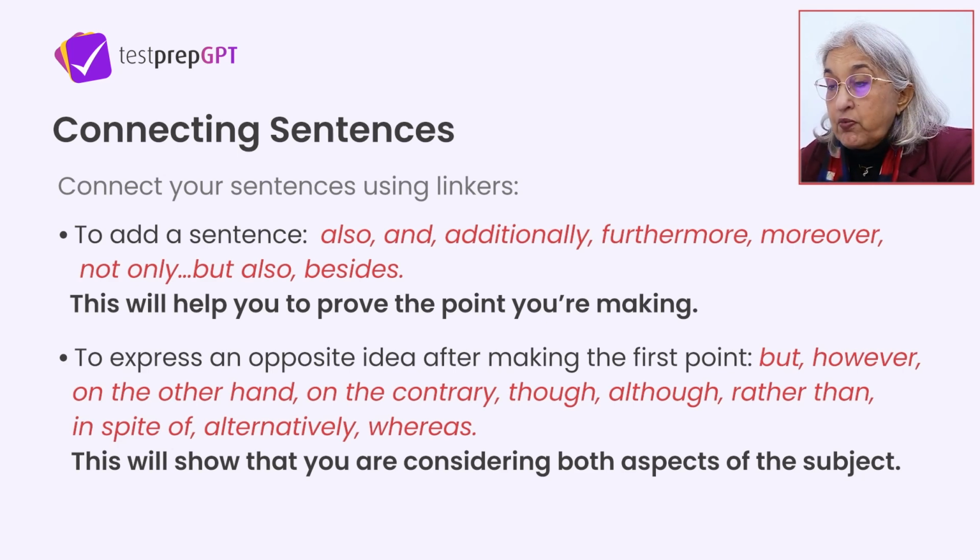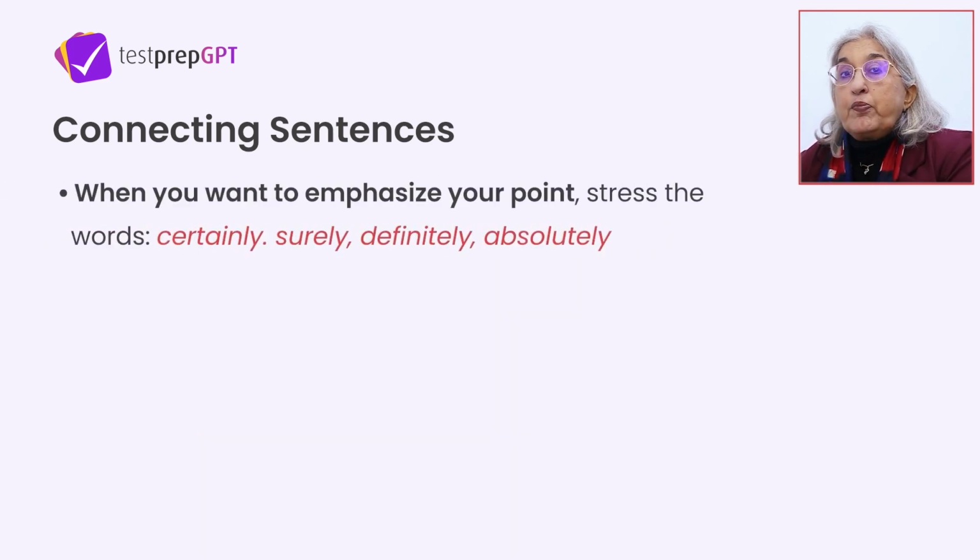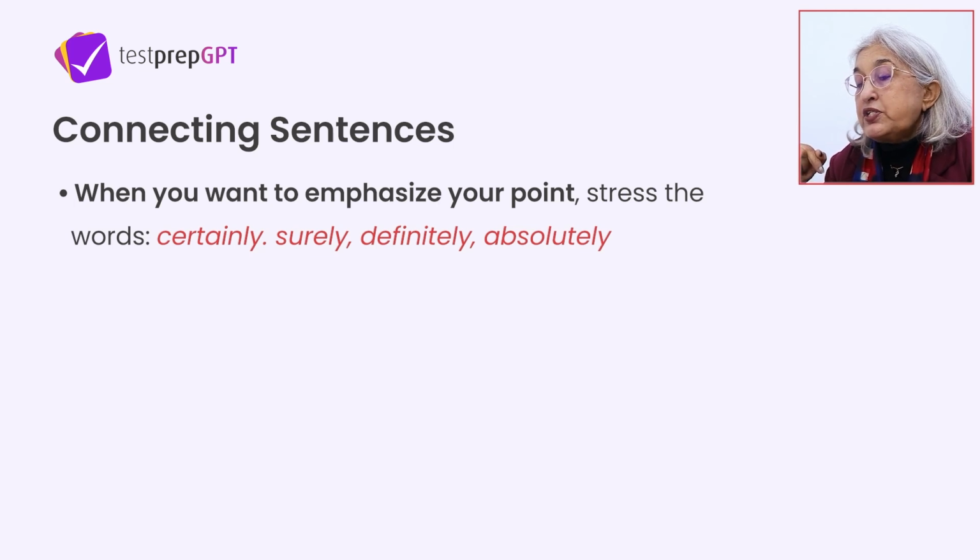And finally, when you want to emphasize your point, remember that the examiner also emphasizes certain points. You also have to emphasize a certain point. You have to stress the words. So if you're expressing a point which you believe in completely, then you will use a word like certainly, definitely, absolutely, surely.